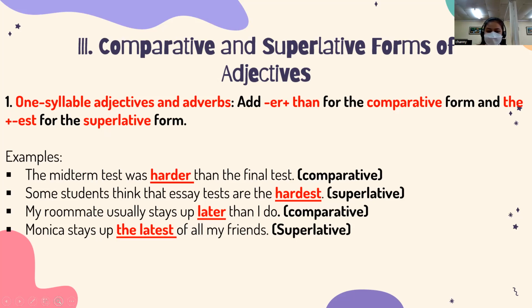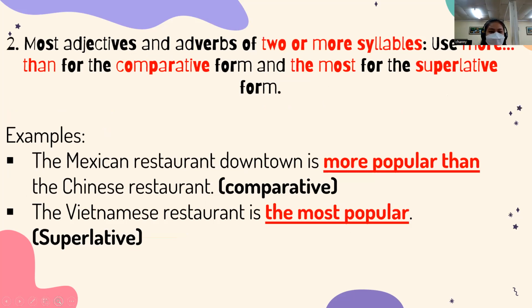Here we use the superlative. Third, my roommate usually stays up later than I do. And fourth, Monica stays up the latest of all my friends. Let's move to the next slide.